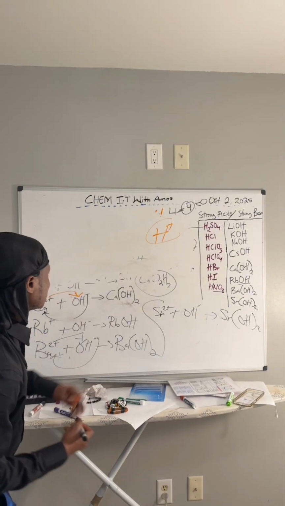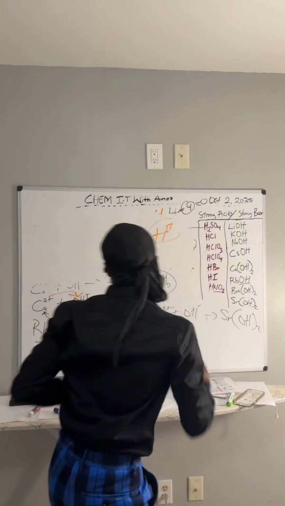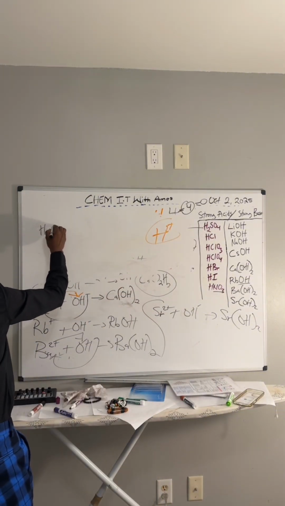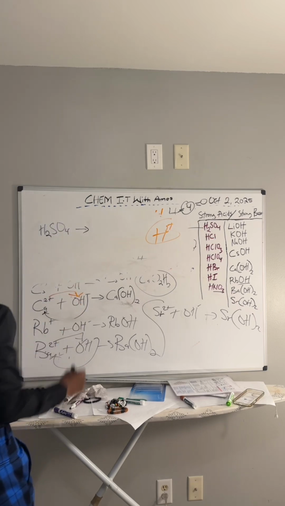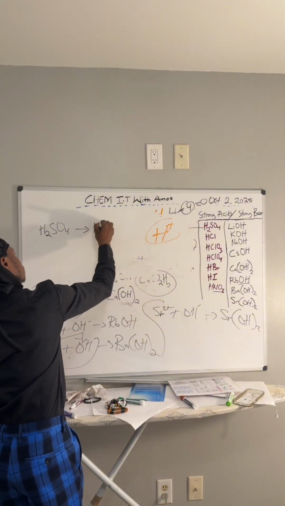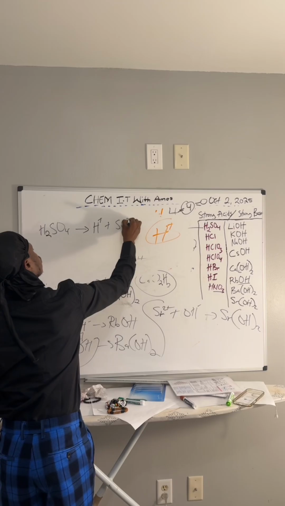So for hydrous acid, let's say for example we have H2SO4. We'll break this apart, or decompose it, or analyze it. We'll get H plus and SO4 2 minus.